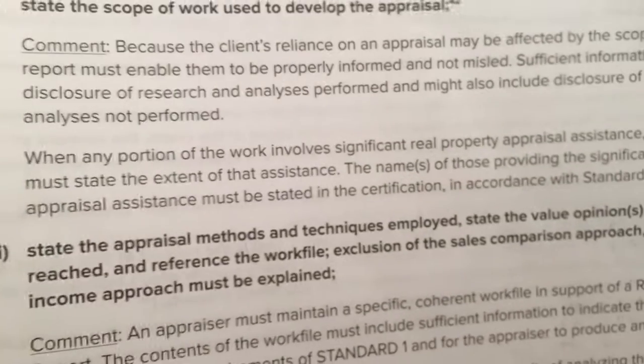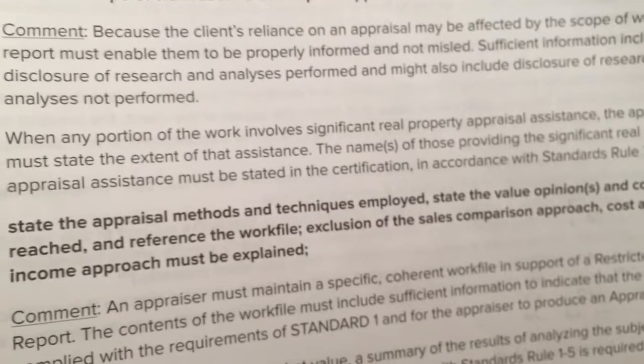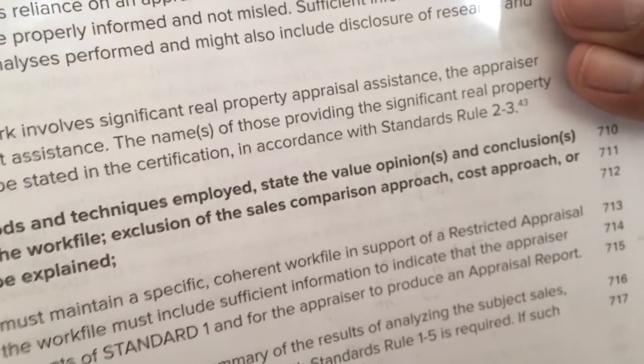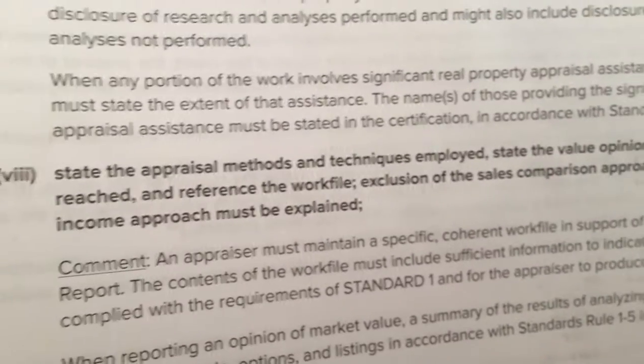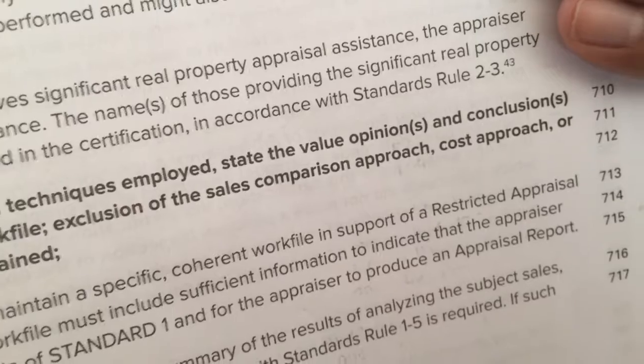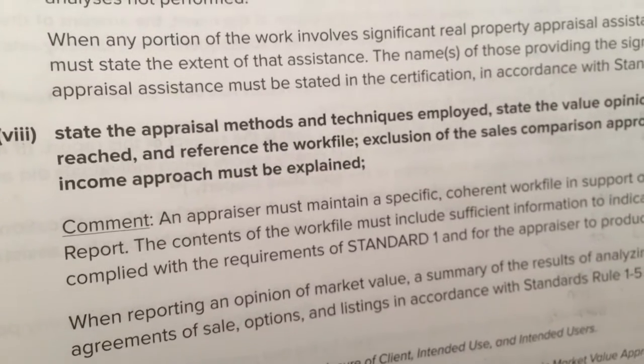When any portion of the work involves significant real property appraisal assistance, the appraiser must state the extent of that assistance. The names of those providing the significant real property appraisal assistance must be stated in the certification, in accordance with Standards Rule 2-3. Roman numeral 8.